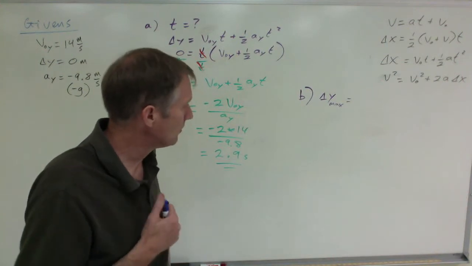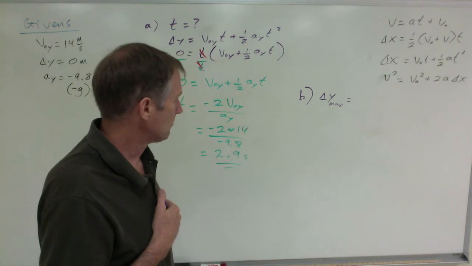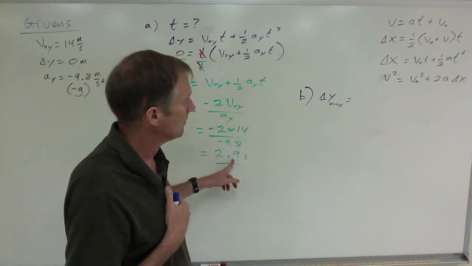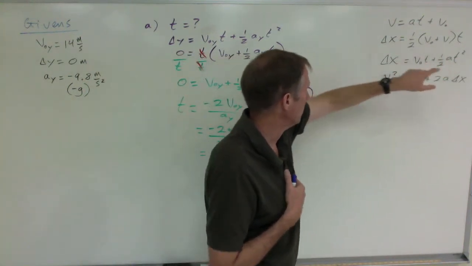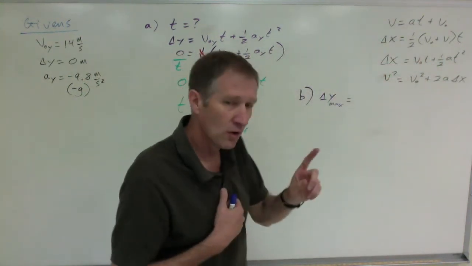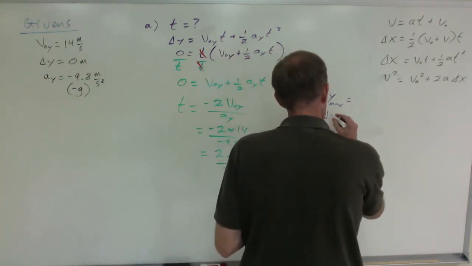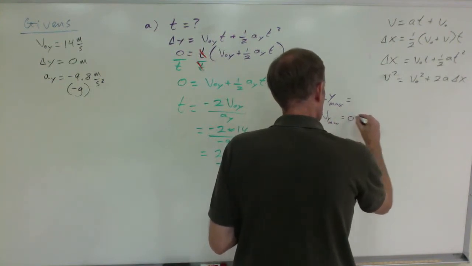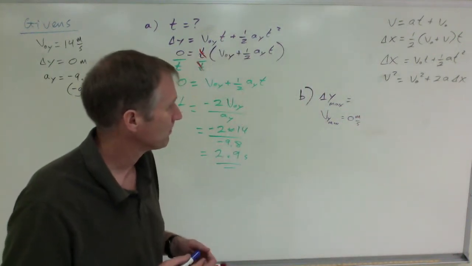Now, there's two ways to do this. At maximum height, how long does it take to get up there? Well, it takes half that time. So I could put that into here using half of the time. I also know another really good piece of information, and that is that its velocity in the y-axis at the maximum height is 0. It has stopped at that point.